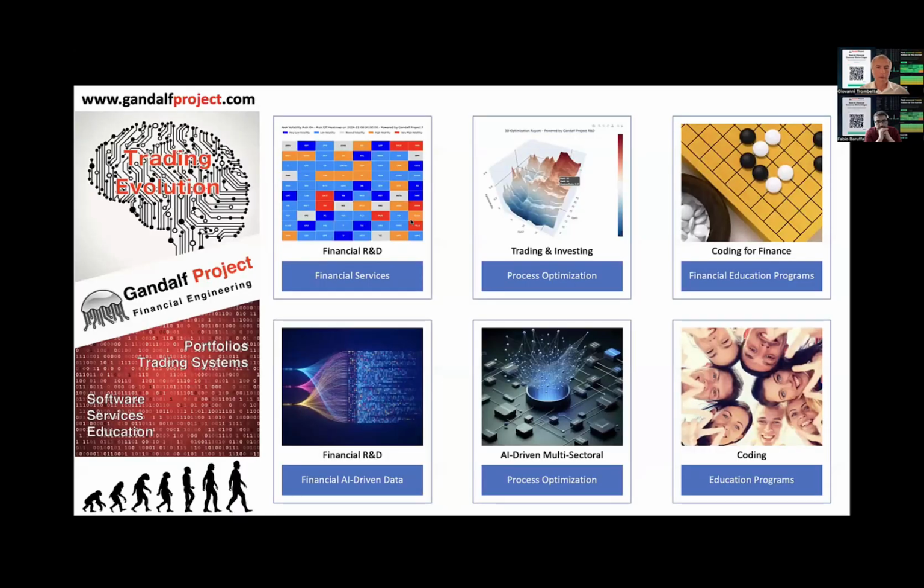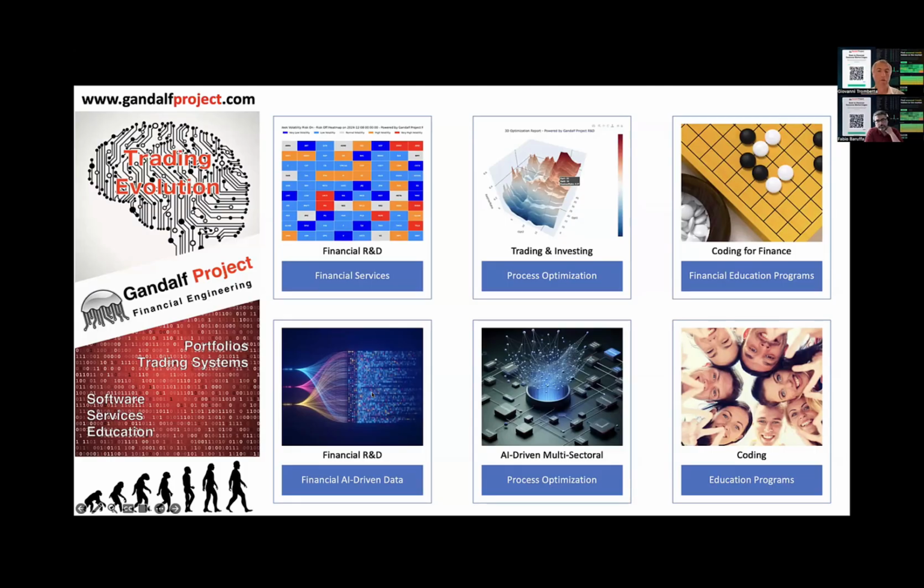Just a few words about what Gandalf Project is. Gandalf Project is an Italian fintech company based in Italy. We are working in the application of artificial intelligence to the financial markets in general. Overall, we operate at the intersection of finance, technology, and AI, the hype of these years, combining data science, engineering, and financial expertise. As you can see, our core activities can be grouped into a few areas.